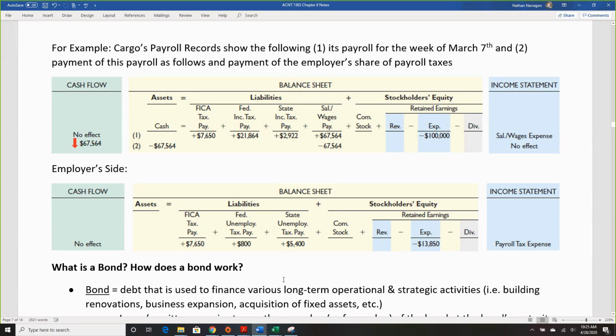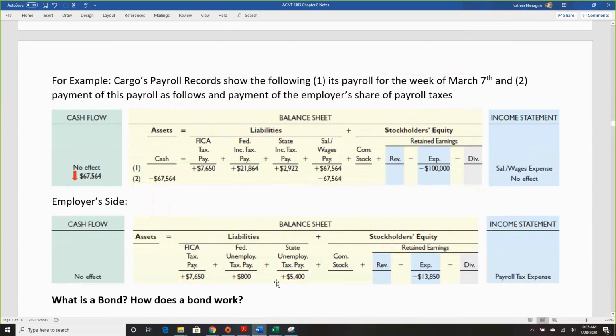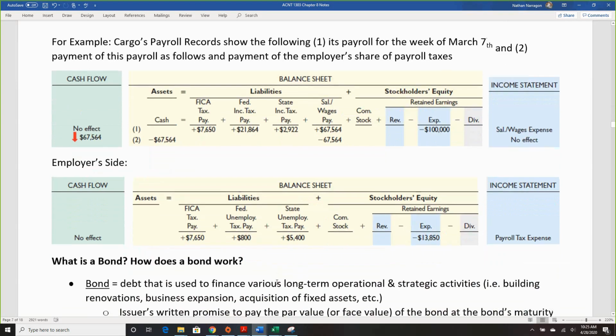That's really it for payroll. Again, you're going to see this a lot more in 2301. You go more in depth into payroll. And then, I believe you have it in your business tax course, if you stay as an accounting major with Lone Star. Alright.